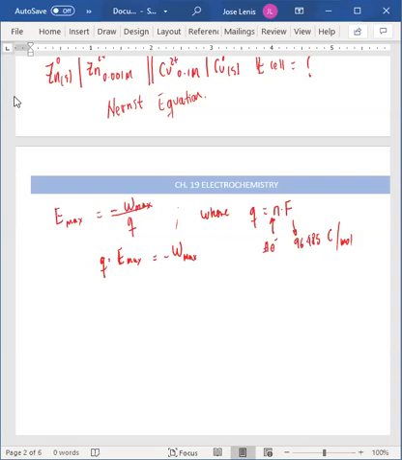How do we measure the maximum available work for a chemical reaction? We call that delta G. So we can say that, and what is Q? Q equals NF. So NF times E max equals delta G.